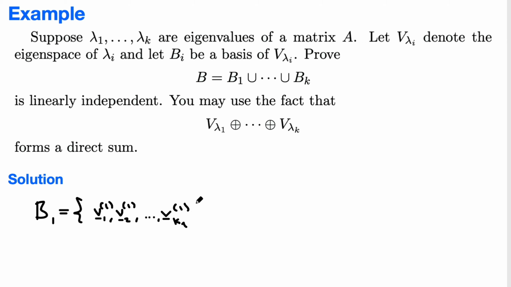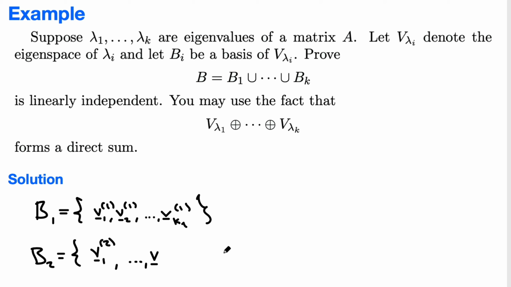Okay? So that's B1. B2 will be the same thing, but with an upper index of 2. And so on. So if I want to write out B2, then we'll write v1, 2. So that means this is different than these. We just need some way to denote this, right? It's not beautiful, but it's correct.